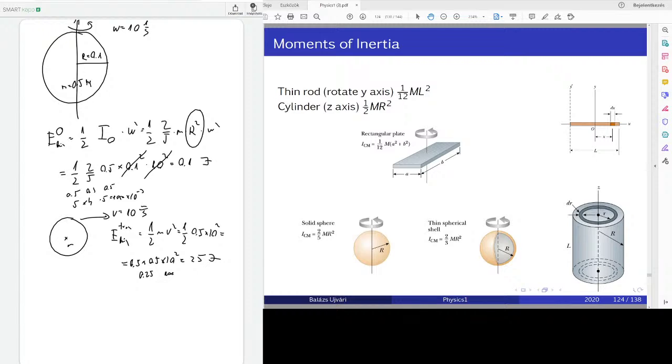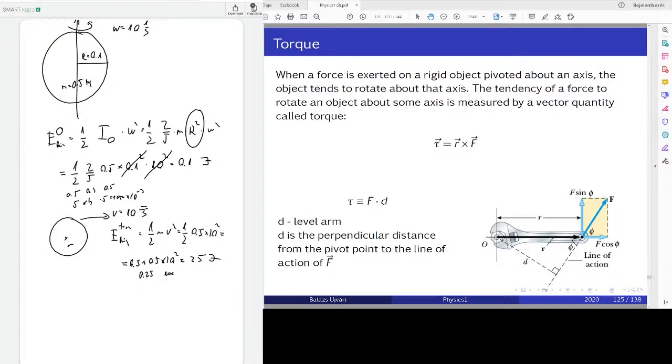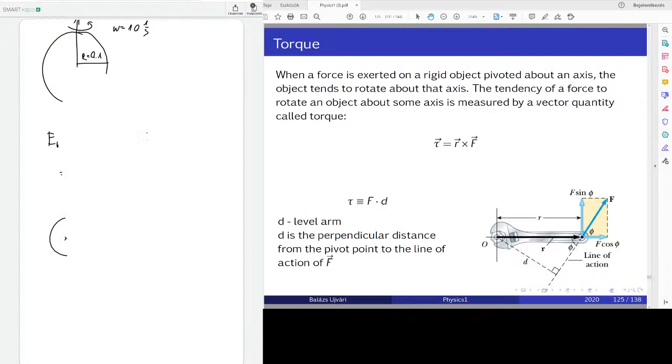Alright, now let's see how we can change this kinetic energy, the torque. How can we speed up a rotating body? This torque is technically similar to the force in translation.